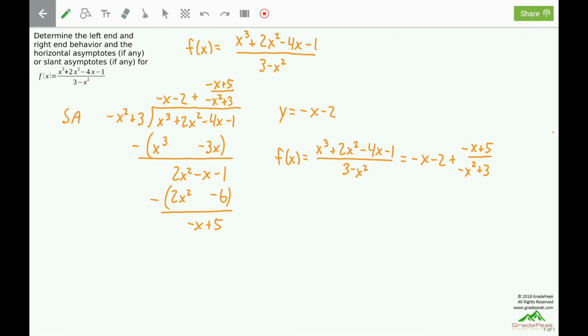The slant asymptote is determined by y equals the limit as x approaches positive or negative infinity of f of x, negative x minus 2, let's say, plus negative x plus 5 divided by negative x squared plus 3.